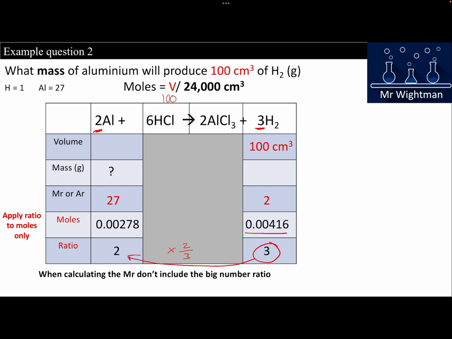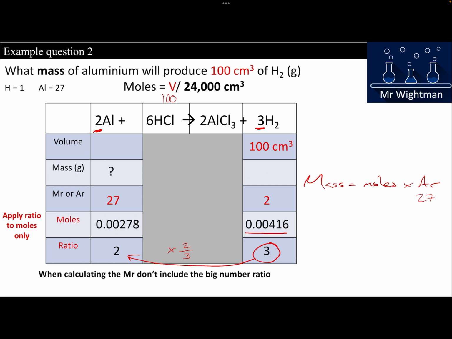To work out the mass of aluminium, I then need to use the equation mass equals moles times, in this case it's Ar being more technically correct, at 27. So it's important not to times this by 2. If I had 2 moles of aluminium, then yeah, I would times 2 by 27 to get the mass.